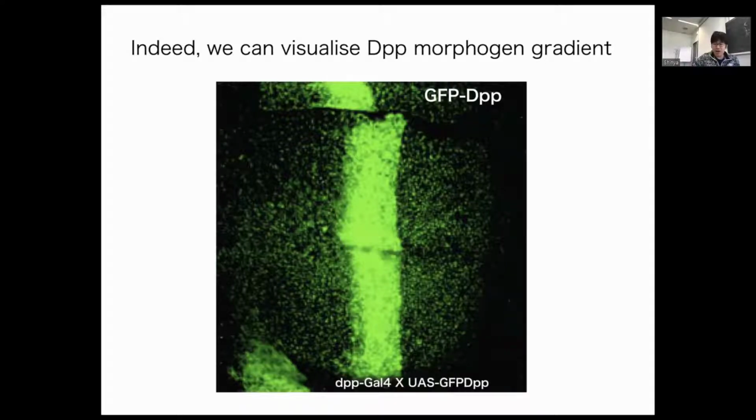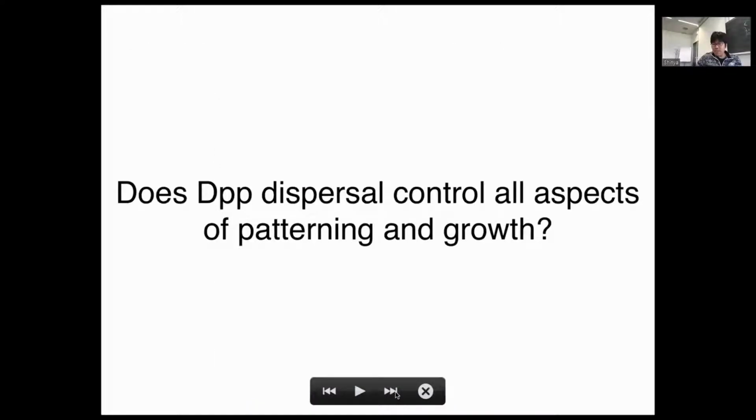But still, 20 years later, we are still working on the problem. For example, how important is this dispersal for controlling the patterning and growth? The naive assumption is that dispersal is important for everything.